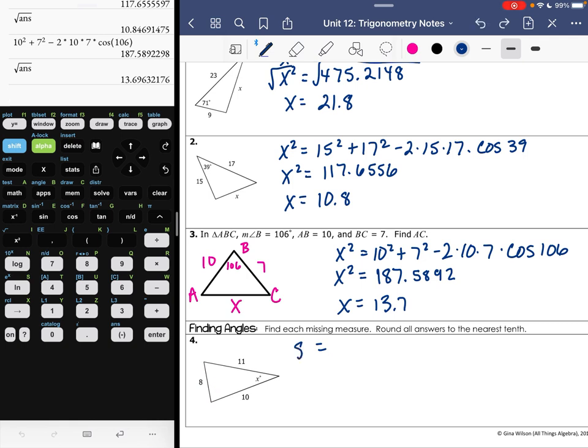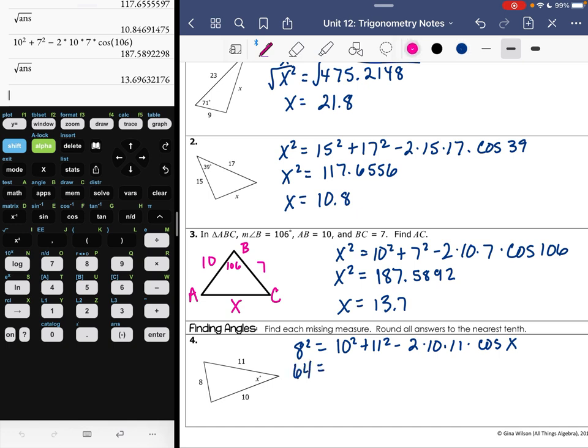So we're going to have 8 squared equals 10 squared plus 11 squared minus 2 times 10 times 11, times the cosine of x. So that's what we're going to end up having to find by using inverse cosine here in a minute. Now, you have to be careful with this. You cannot type this all in at one time because part of it is multiplied, part of it is added and subtracted. So, of course, we know 8 squared is 64.